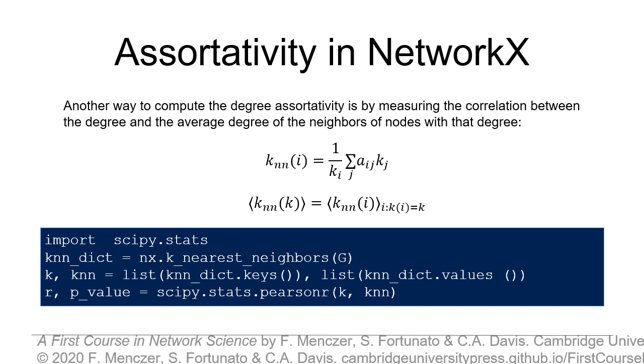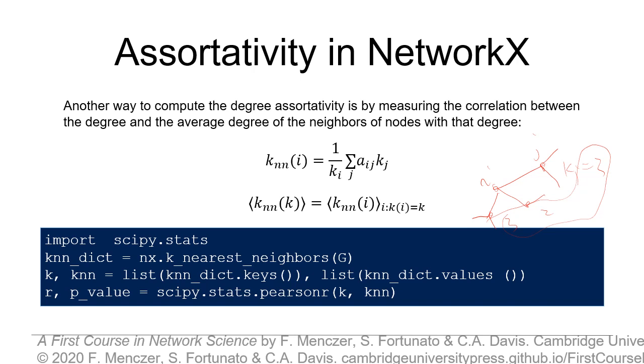KNN means the mean degree of the neighbors of node I. For example, I have some neighbor J. This J has some degree also, like this one. Then you measure that your neighbor has degree Kj. Kj is 3, this one has 2, this one has 3. Then the average of these values is KNNI.